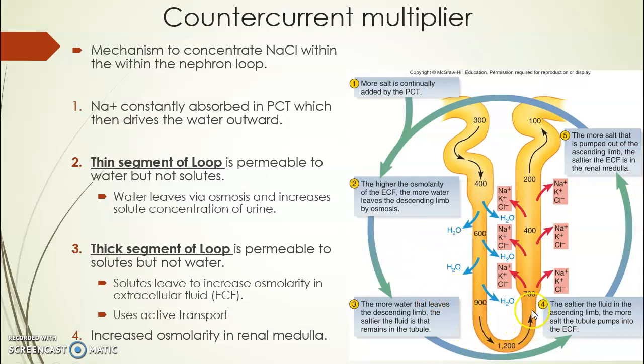As we push the glomerular filtrate up the thick end of the nephron loop, the ascending portion, it is now permeable to solutes. As the solutes move out into the renal pelvis area, or that tissue, we want to concentrate the solutes on the outside.